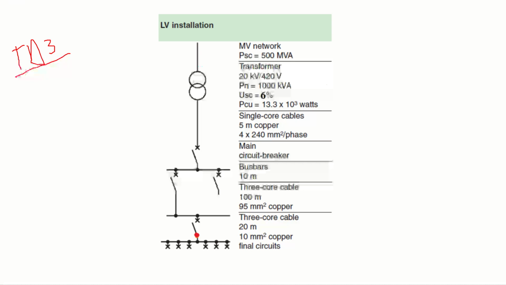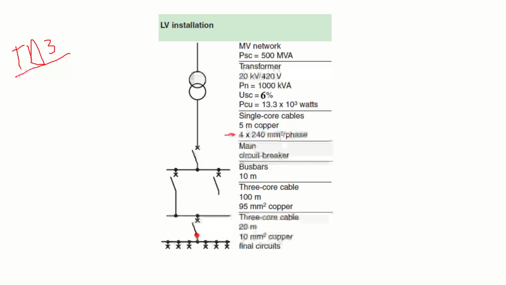So for the medium voltage network, for the transformer, and for this cable, please pay attention that this cable is made of four single-core cables, 5 meters each, and each phase is indicated as 4 times 240 square millimeters per phase.